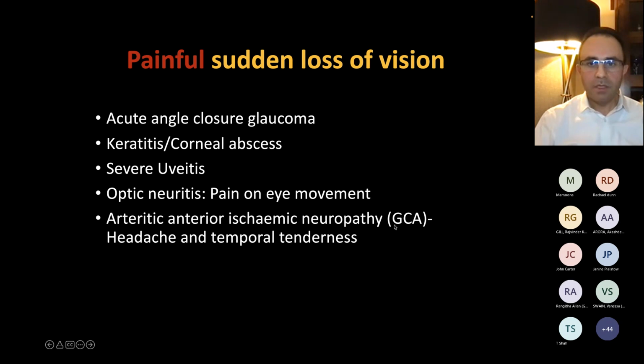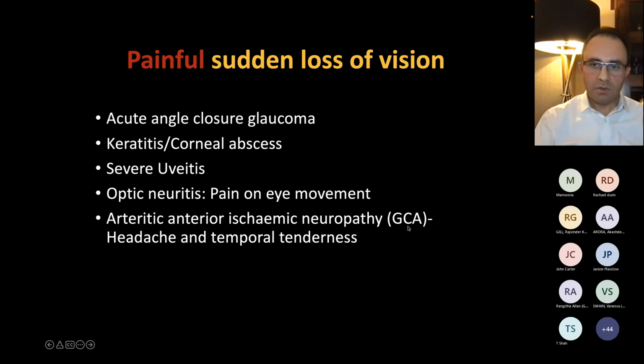And lastly, the GCA, which is always the main concern from any clinician's point of view, because it can be disastrous. It can cause not only loss of vision in one eye, in 25% of cases, it can cause loss of vision to the other eye, and it needs super urgent treatment with steroids, and it can cause stroke, it can cause heart infarction.